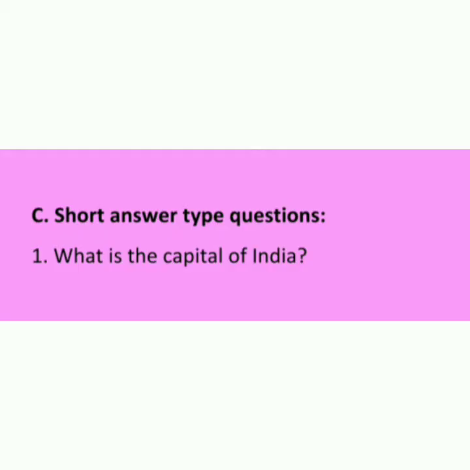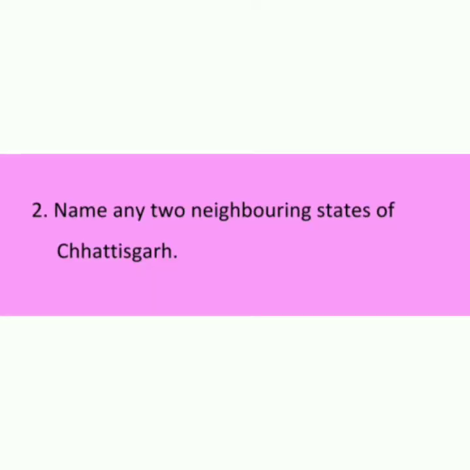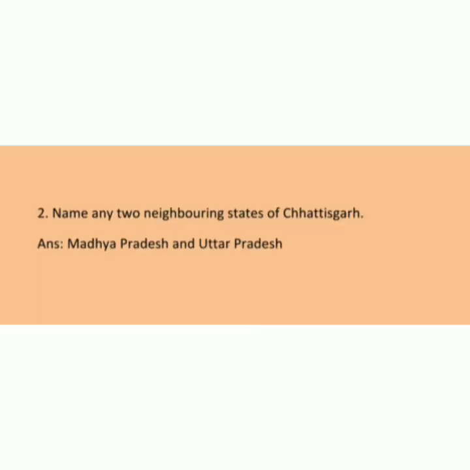Now it's time for the short answer type questions. First, what is the capital of India? So students, do you know what is the capital of India? Very good. The answer is New Delhi. Second, name any two neighboring states of Chhattisgarh. The answer is Madhya Pradesh and Uttar Pradesh.